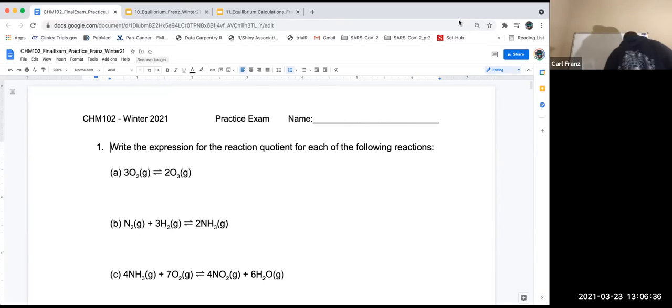All right, so what is a reaction quotient? It's just products over reactants, each taken to the power of its coefficient, right?